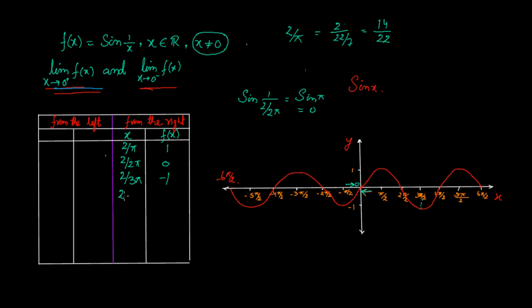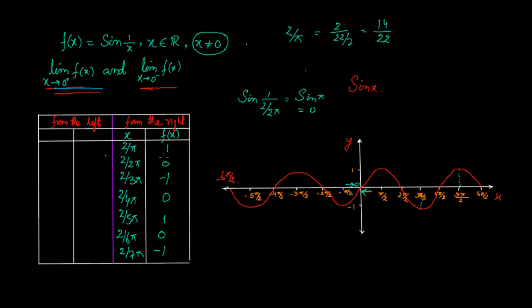Similarly, we can take the next point as 2 by 4 pi, and that will be equal to 0. Similarly, 2 by 5 pi, that is sine of 5 pi by 2, and that is 1. Similarly, 2 by 6 pi, which will be equal to 0, and 2 by 7 pi, which will be equal to minus 1.